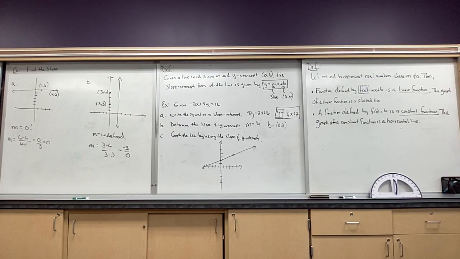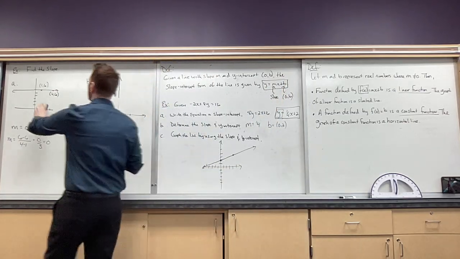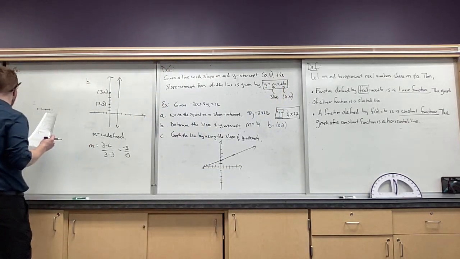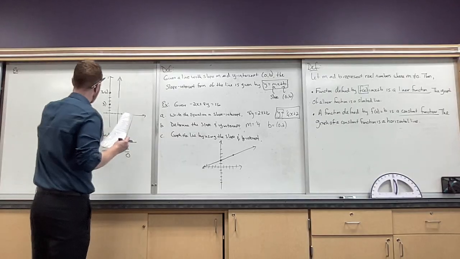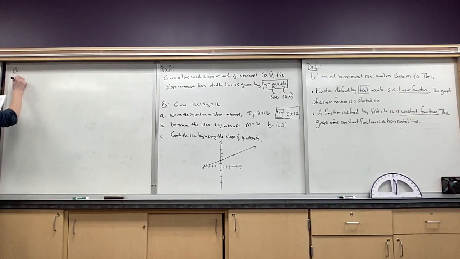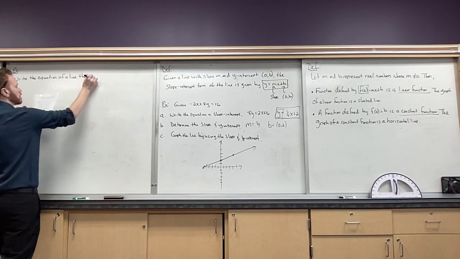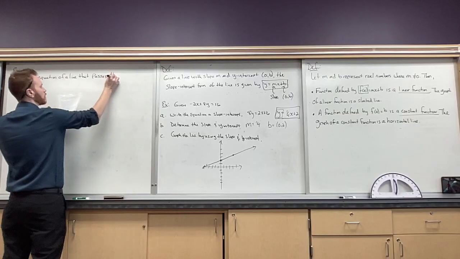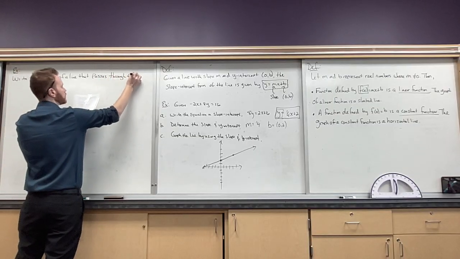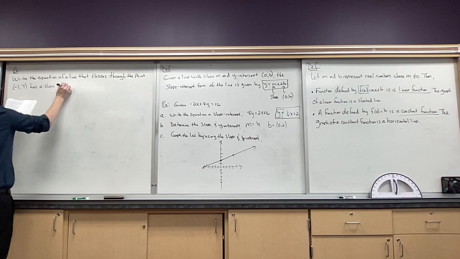All right. Let's use it. Now that we have that defined for us, let's try an example. Write the equation of a line that passes through the point (-1, 7), has a slope of -2.